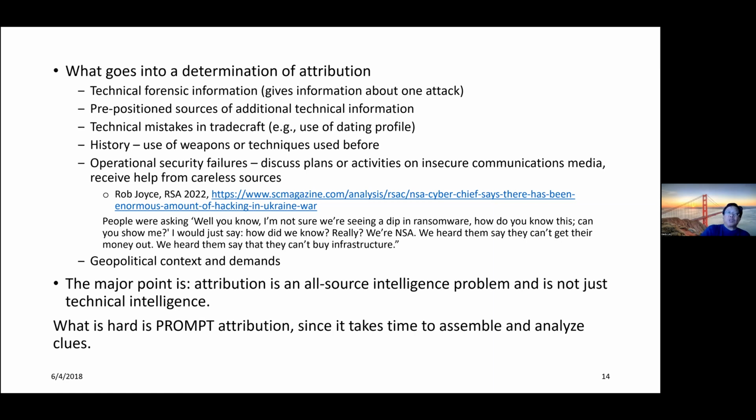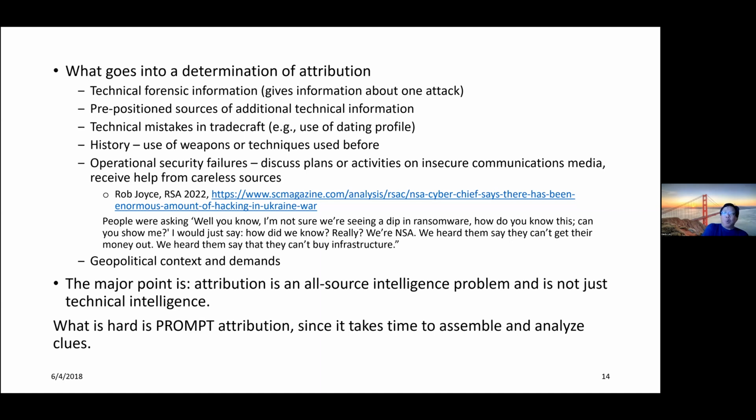For example, at RSA, Rob Joyce, the head of cybersecurity at NSA, said that there's been an enormous amount of hacking in the Ukraine war, and that various actions were taken to help shut off some of those attacks. And then people asked, "How did you know?" His response was, "How do we know?